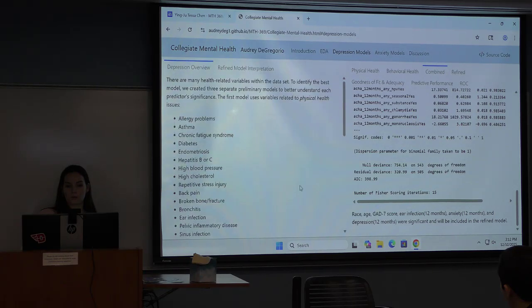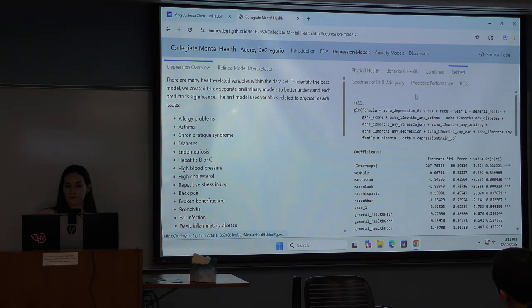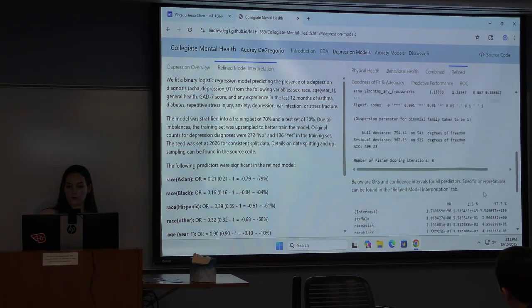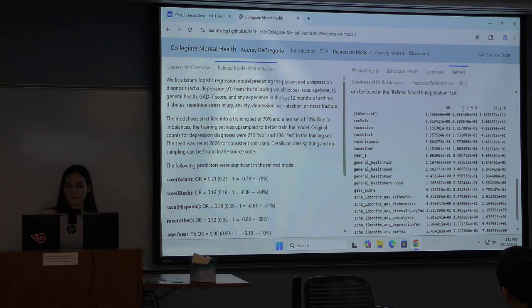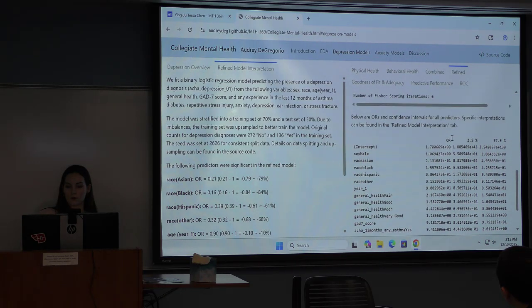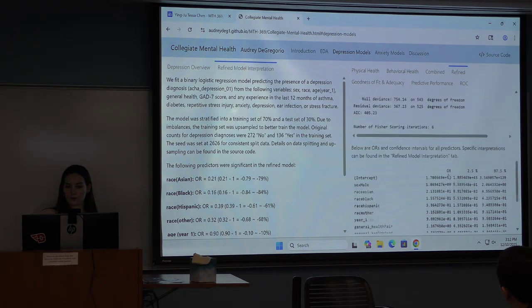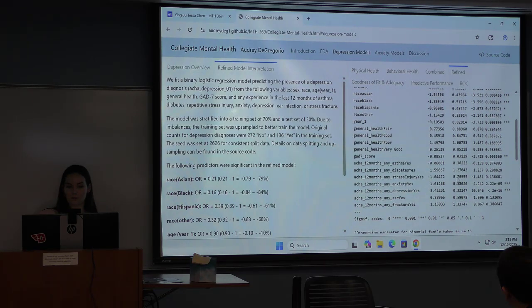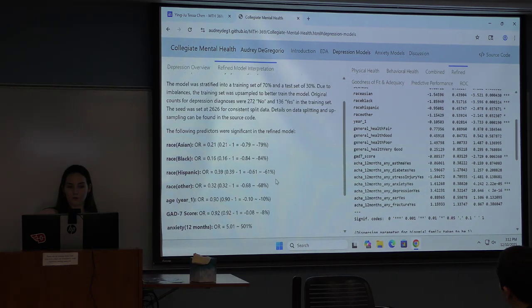So these, down here, all the significant variables in all three of these models, I used in the final refined model. And so here are the odds ratios for these.